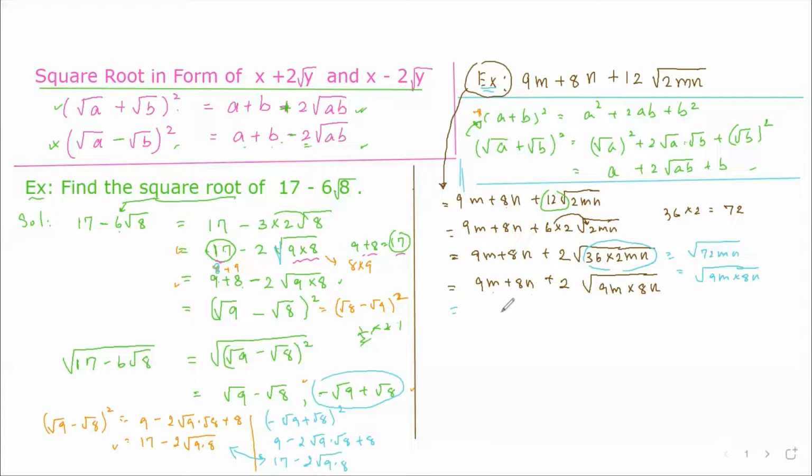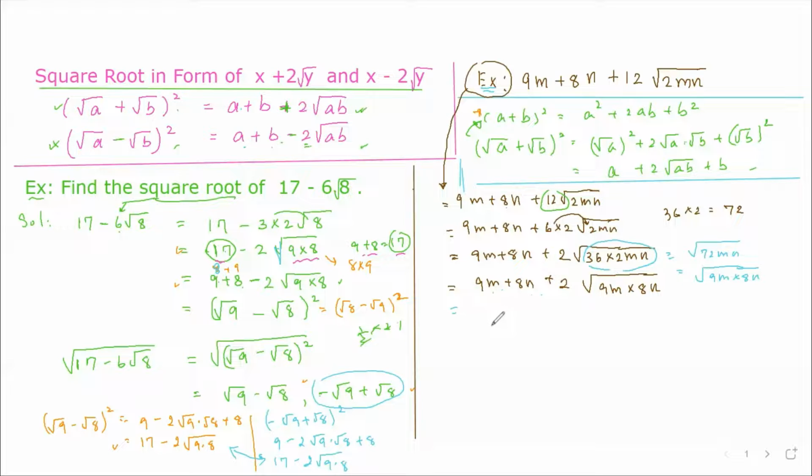So after this one, you see this is in this formula, correct? Same formula, right? Because right now A is 9m, B is 8n, plus 2 here, square root AB, this one square root 9m times 8n. So after this one equal to this one, right?